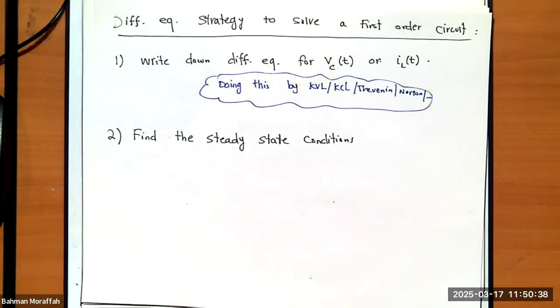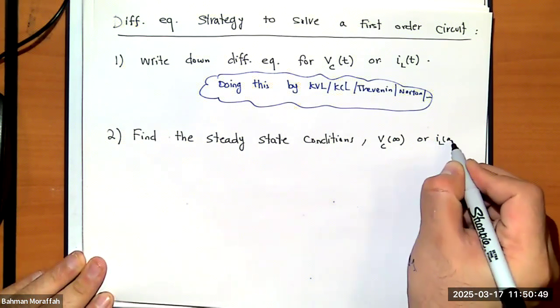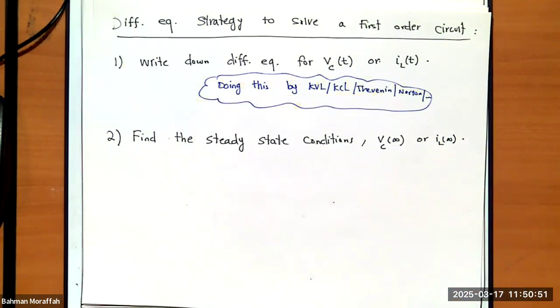Remember, the steady state conditions could tell us exactly what K1 was, right? So we need to find VC at infinity or IL at infinity, right? And we know exactly how to do it. We just need to remove the capacitor and leave it open and find voltage across it. We know current through an inductor is constant. Therefore, we need to replace it by a wire. And that's how we get either of these, right?